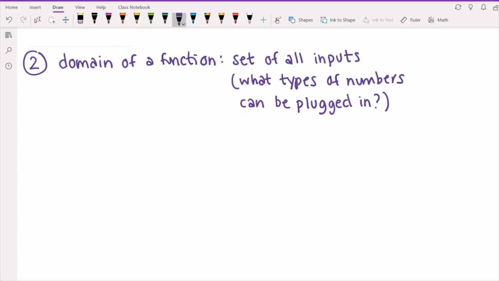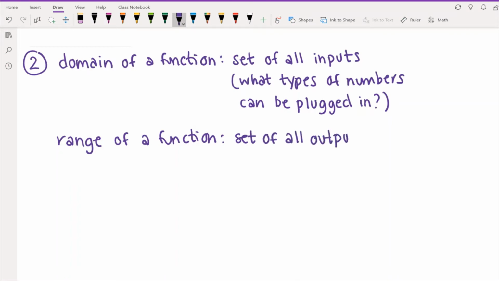And then what is the range of a function? Well, the range of a function is the set of all outputs. And so when we say outputs, we basically mean what kind of numbers can come out of the function.